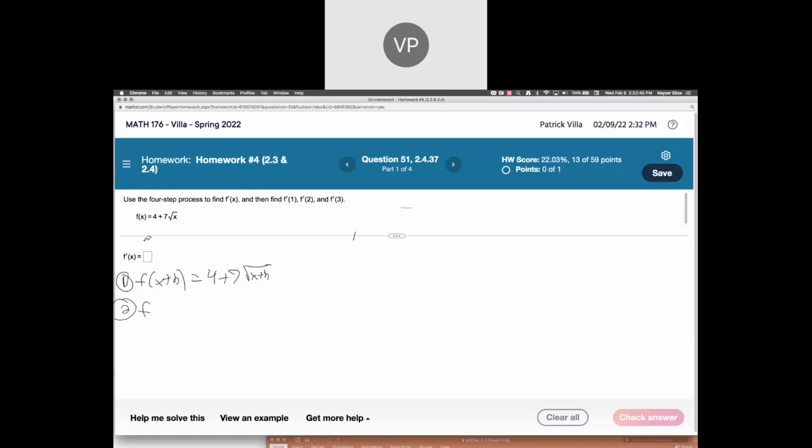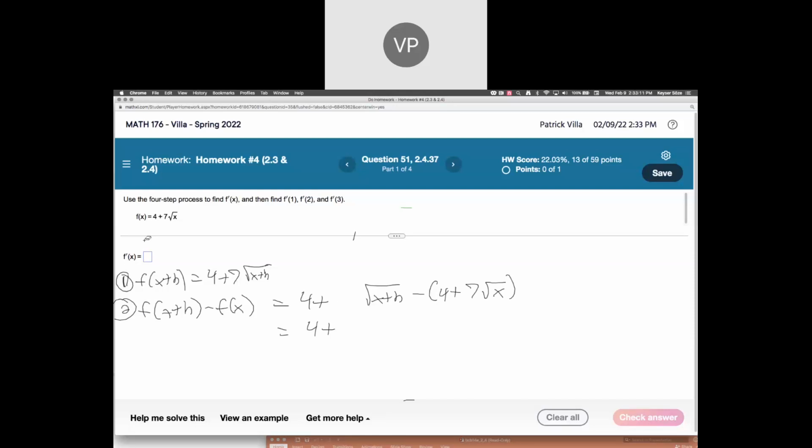Okay? Second step is f of x plus h minus f of x. So we take the thing we just found and we subtract the original function. That's going to give me 4 plus, sorry, let's fix this.